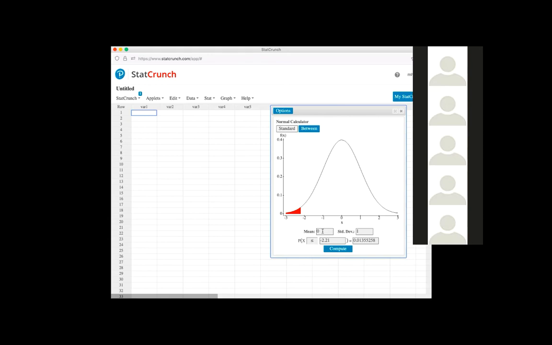I'm going to bypass calculating a z-score. Make life easy. I'm going to give the calculator the mean in the problem. The average kid's height was 39.2. The average kid's standard deviation was 1.9. I want to know what percentage of kids are shorter than 35 inches. Completely changed my input.